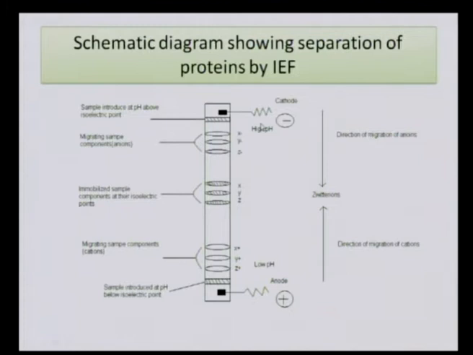But because there is a range of pH from high to low, the proteins, according to their isoelectric points, the moment they attain the state called zwitterion, their mobility is arrested. At that point, we immobilize the sample components at their isoelectric point. That means separation is achieved based on the isoelectric point.